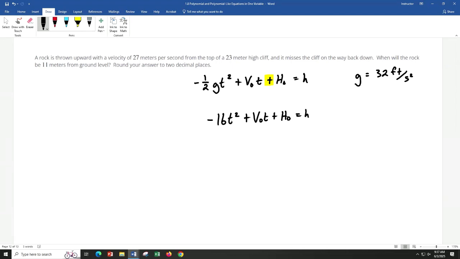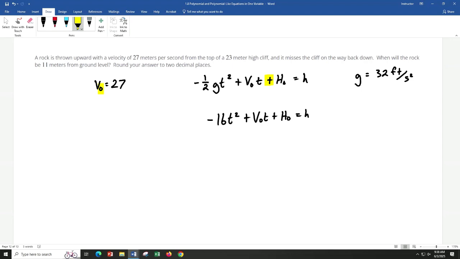And then notice they give us a whole bunch of stuff. We start looking for initial height, we look for initial velocity, and then we also have to look for initial everything else. So let's look at it. Notice they say the initial velocity, that v naught, is 27. Whenever you see that little subscript, it's not like a power.